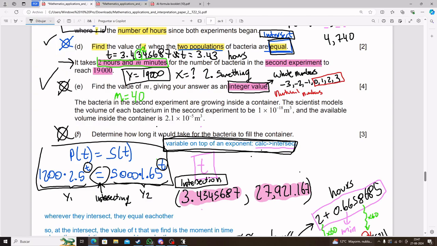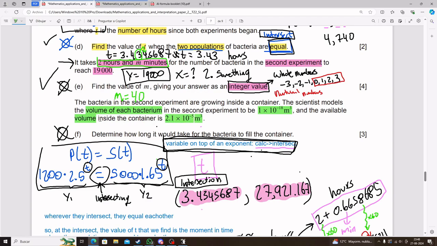Last but not least, they tell us that the bacteria in this second experiment are growing inside of a container. The scientist models the volume of each bacterium. So on the one hand, we have the volume of each bacterium in the second experiment to be this. And also the volume inside the container is going to be that.